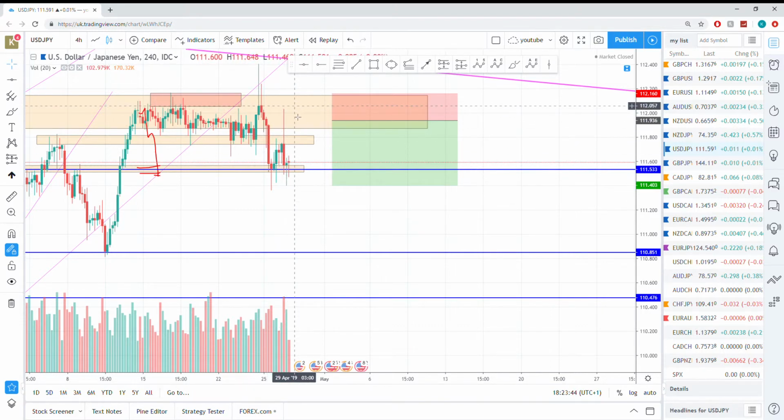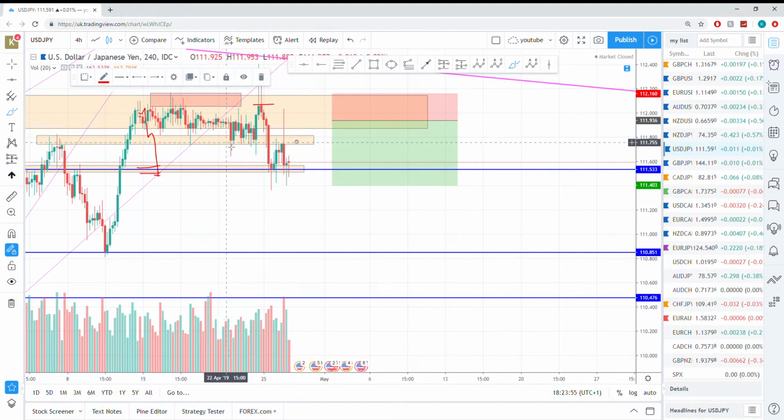So we have a lot of sellers coming into play right now. On top of that, we are making lower highs like this, and we're also making lower lows like this. Lower highs and lower lows, right?